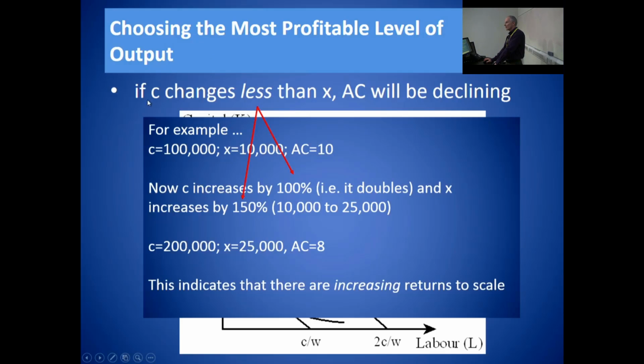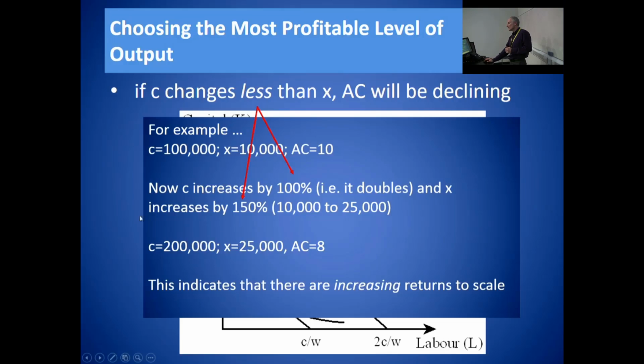So what have we found? We're finding that the change in C of 100% is less than the change in output X, which was 150%. And so if we take these new values, costs doubled up to 200,000, output more than doubled up to 25,000. So if you put it in your calculator, 200,000 divided by 25,000 gives you an average cost of 8.